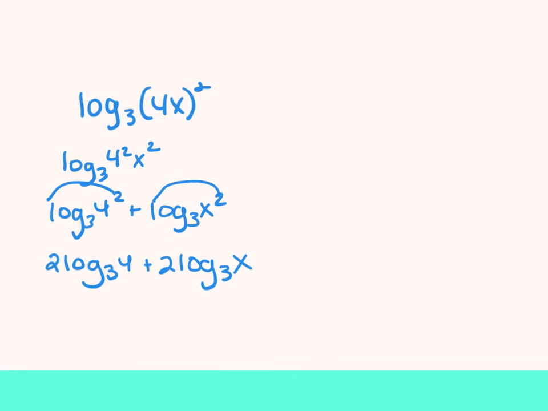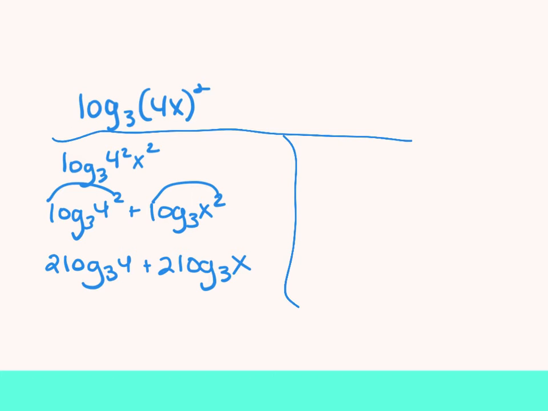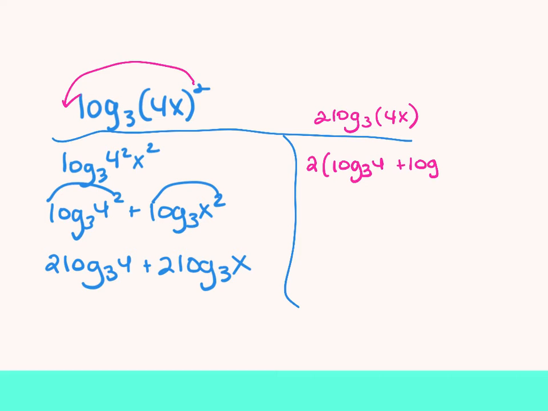So if your brain says, I'm supposed to distribute that, then that's the way that works. If your brain says, I'm supposed to push this to the front, that works too. You just have to remember that when I split these now, both get the 2. So this would be like 2 log base 3 of 4 plus log base 3 of x.